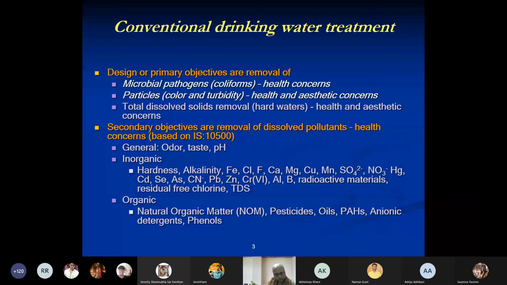Now, what are the health concerns? If you have slightly muddy water, what is the consequence? There are two issues that I have noted at the top. One is microbial pathogens and the second is particles. Muddiness comes from these particles. They give it color and turbidity.